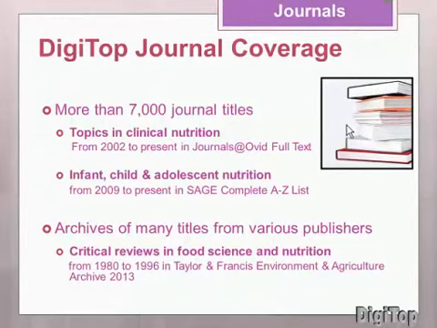So, for example, topics in clinical nutrition, we have coverage beginning in 2002 to the present through journals at Ovid Full Text. When you see the journals at Ovid Full Text, that is actually a link to the publisher's page for that specific journal, so that you don't have to go to the publisher's site and then search for the journal. It's actually a link to the publisher's page for that journal.